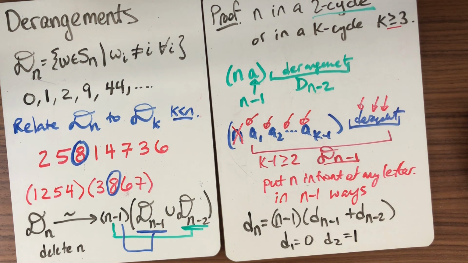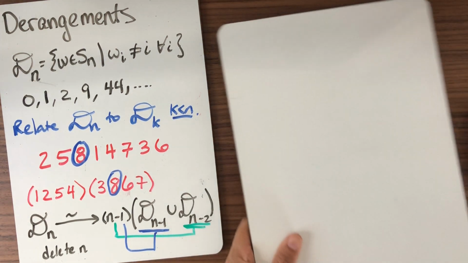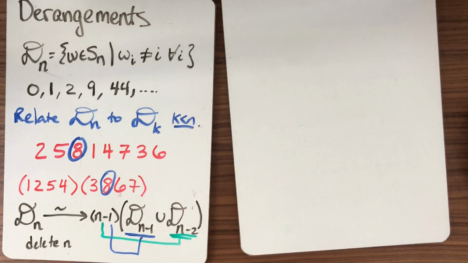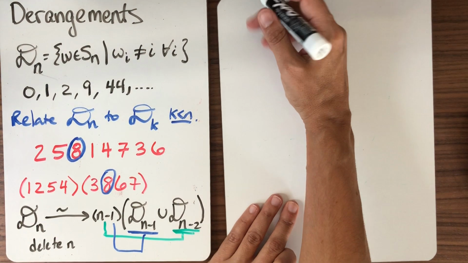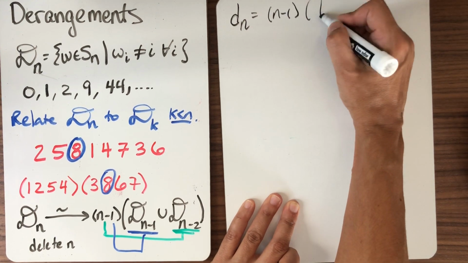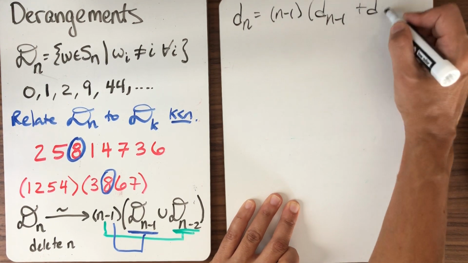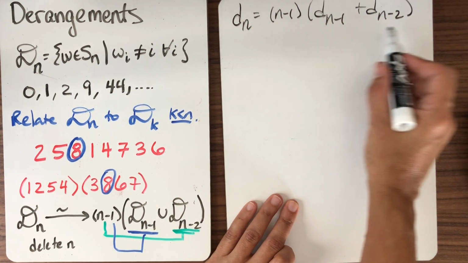But we can actually go a little deeper. So let's think about this recurrence, and there's a really interesting formula that we get in addition to this. So let me remind you that what this bijection shows us is that dn is equal to n minus 1 dn minus 1 plus dn minus 2. There's another formula we get if we just think about carrying this out.